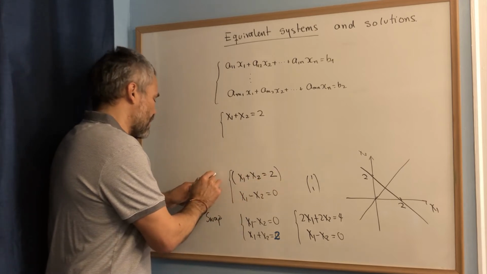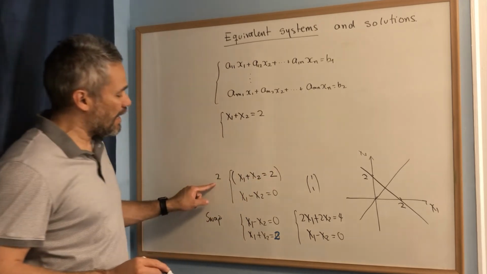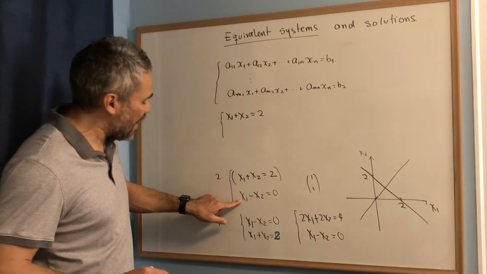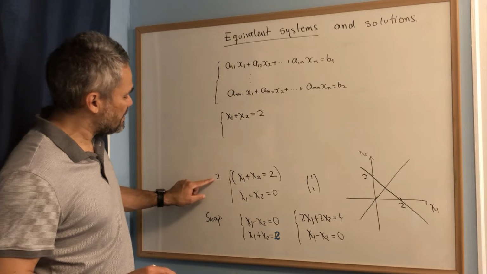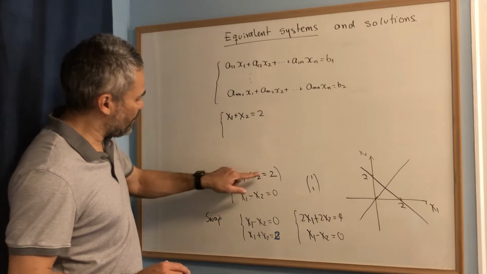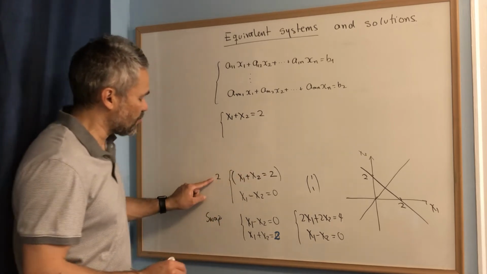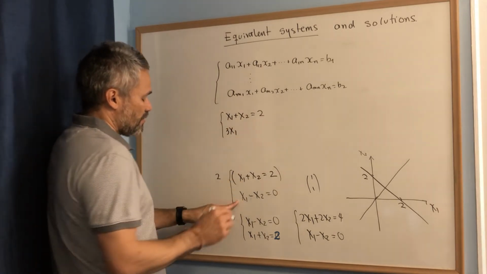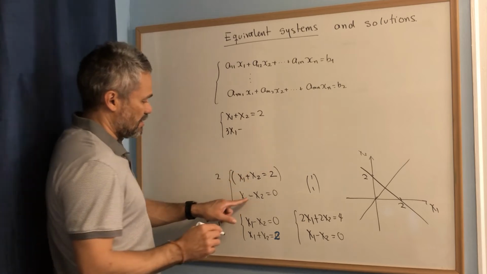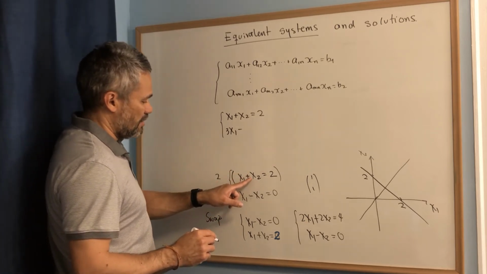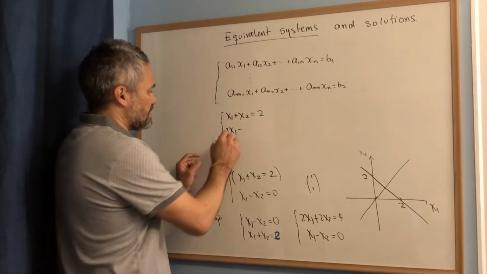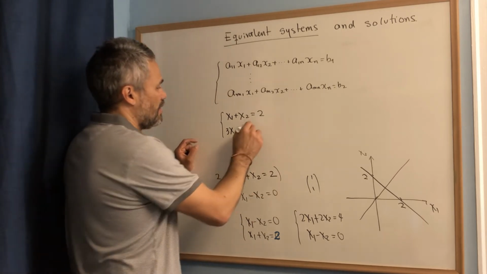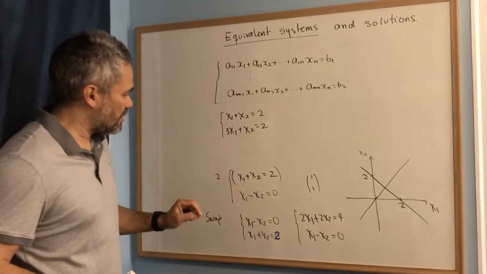It could be 0, it could be any number, let's say 2, and I can replace the other equation by that equation plus that product of the first equation with that number 2. Then here, what will I get? I will get 3x1 plus x2 equal 4.